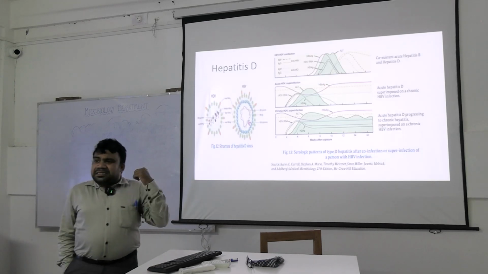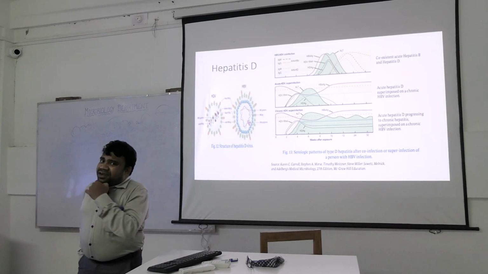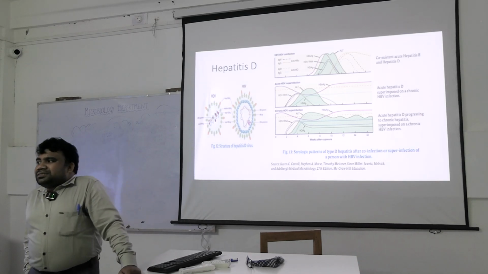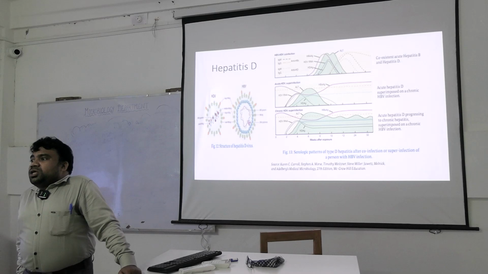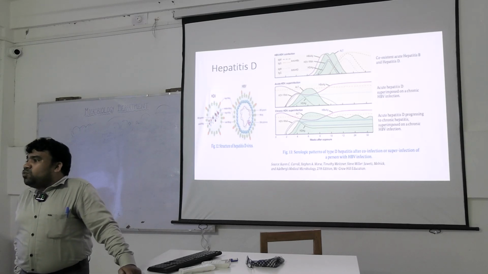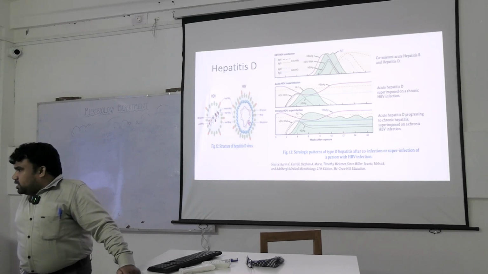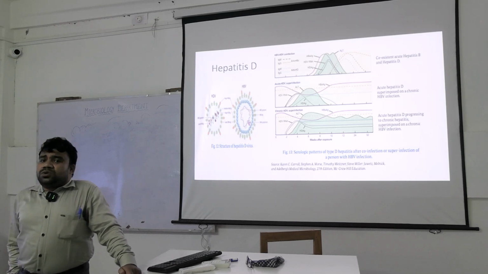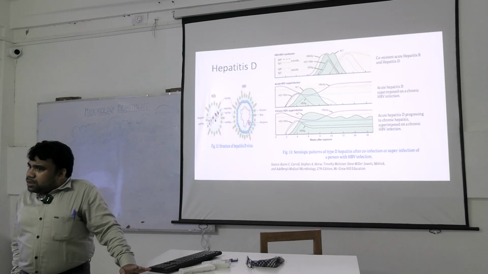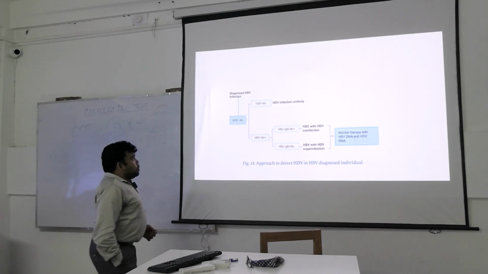Now, this one, hepatitis D. This virus cannot infect singly. Consequently, this virus is infective only along with hepatitis B virus, either as a concurrent infection or what is known as superinfection. Okay. So, for that, what do we need to do?